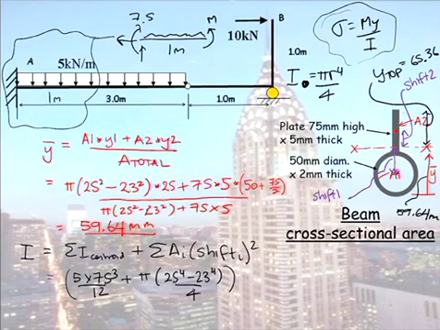But we have to calculate about the parallel centroid. So to that we add on our area for our plate, which is 5 times 75, and that shift 2 value in here, when you work it out, works out to be 27.